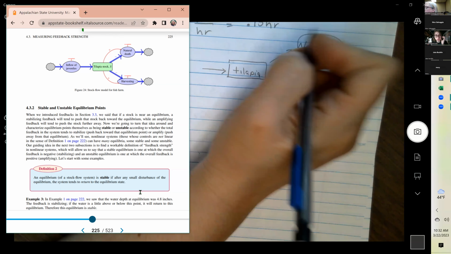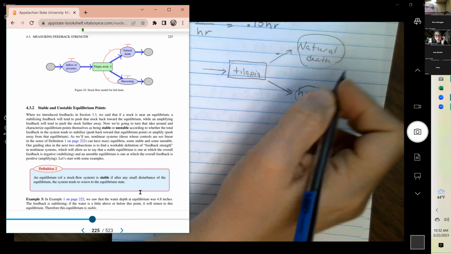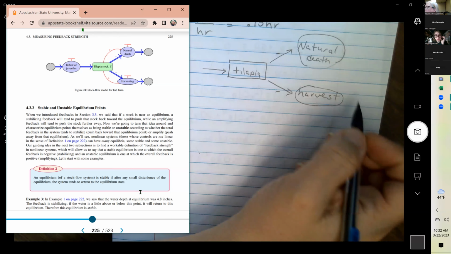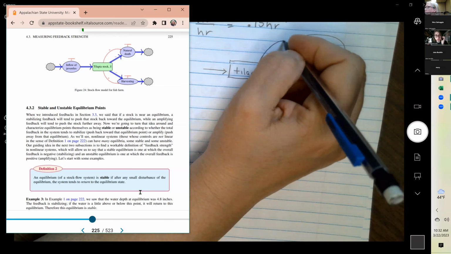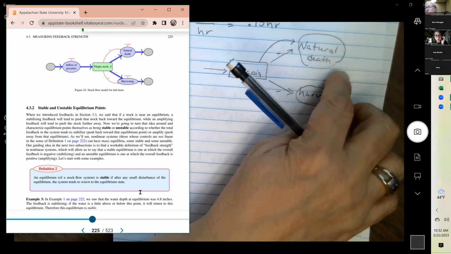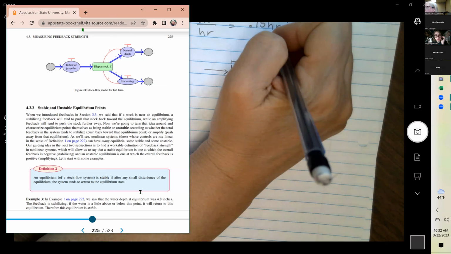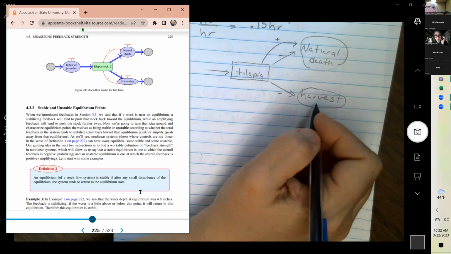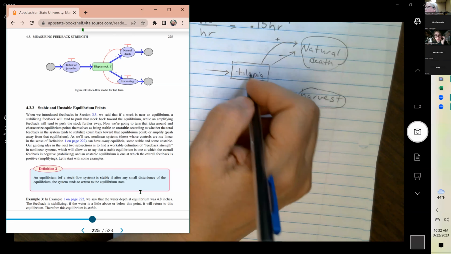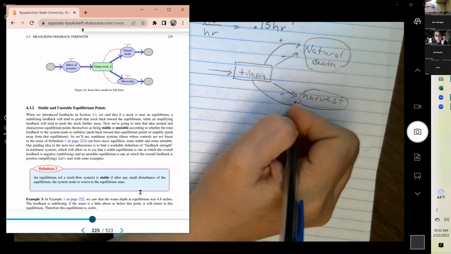So these are both going out. If this gets larger, then there's more deaths. If this gets larger, then they harvest more.